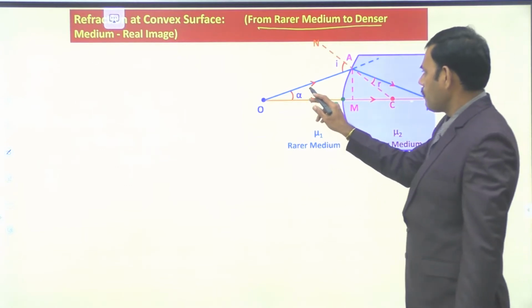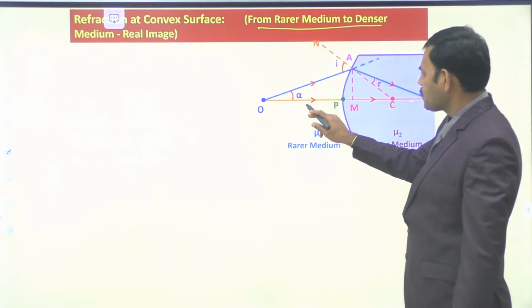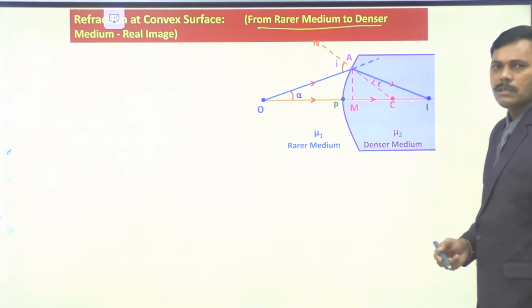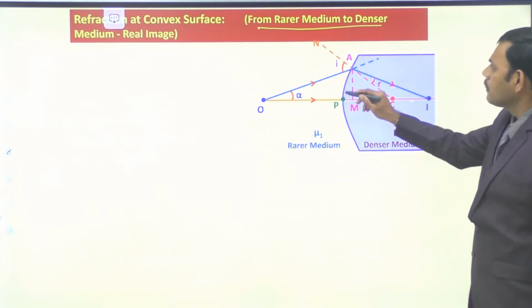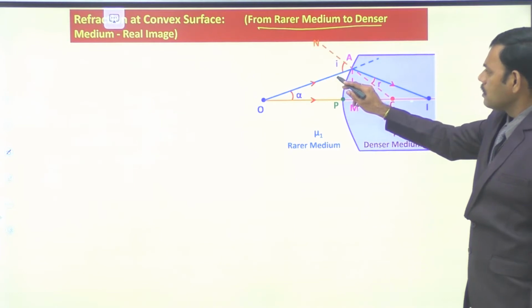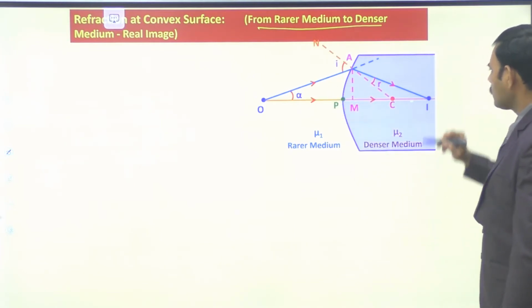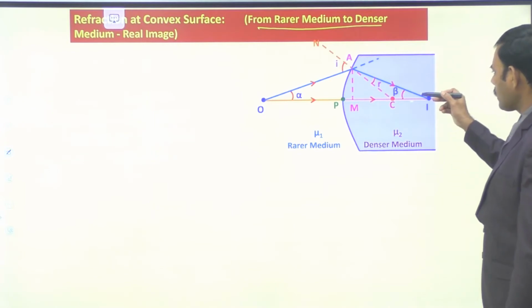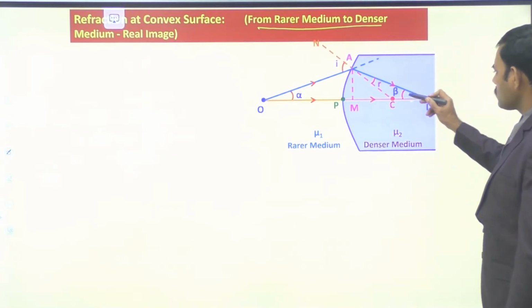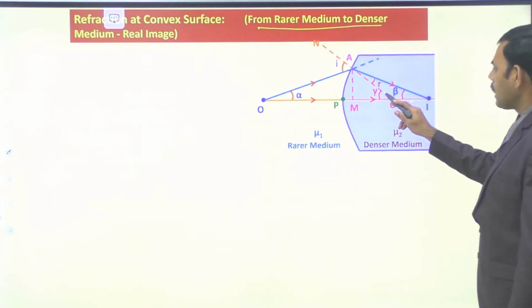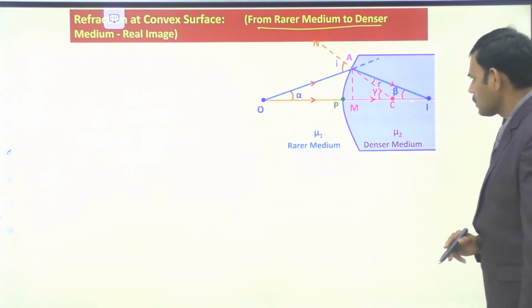Let the angle made by the incident ray with the principal axis be alpha. We are considering a few more angles to move forward in this derivation. The angle made by this incident ray with the principal axis is alpha, as well as consider the angle here. The angle made by the refracted ray with the principal axis is beta. One more angle, this is gamma. The angle made by the normal with the principal axis is gamma.